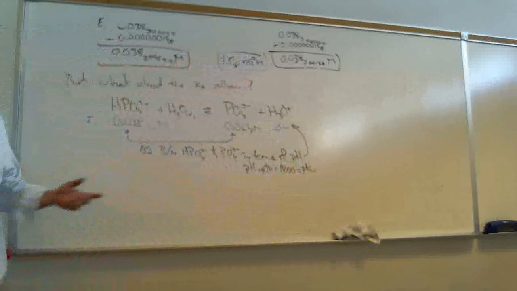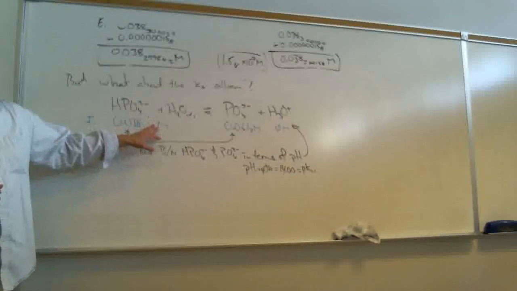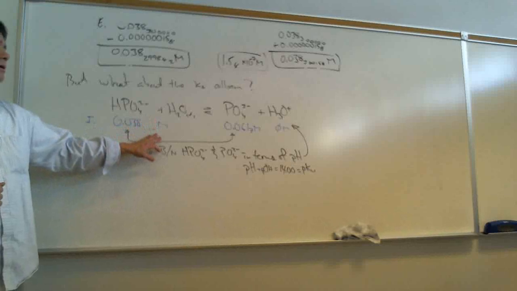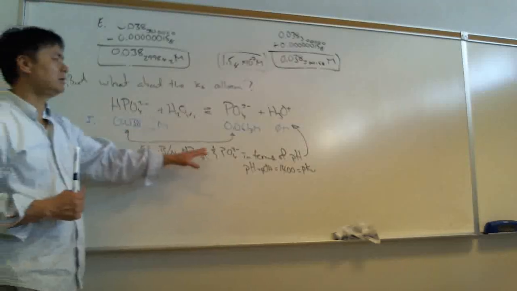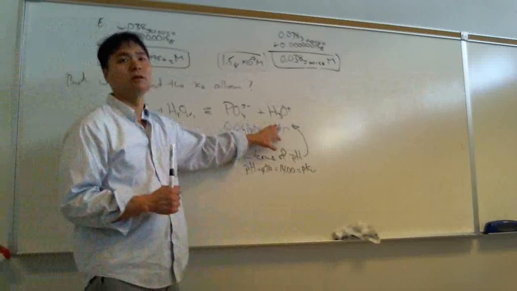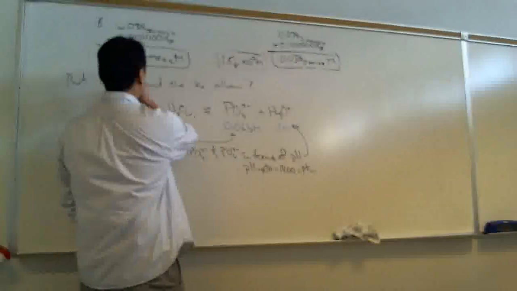So the reason we could ignore this is not because it's negligible. The reason we could ignore this is because we already did this, but instead of representing the equilibrium in terms of pH, we represented the equilibrium in terms of pOH. And so this is redundant.